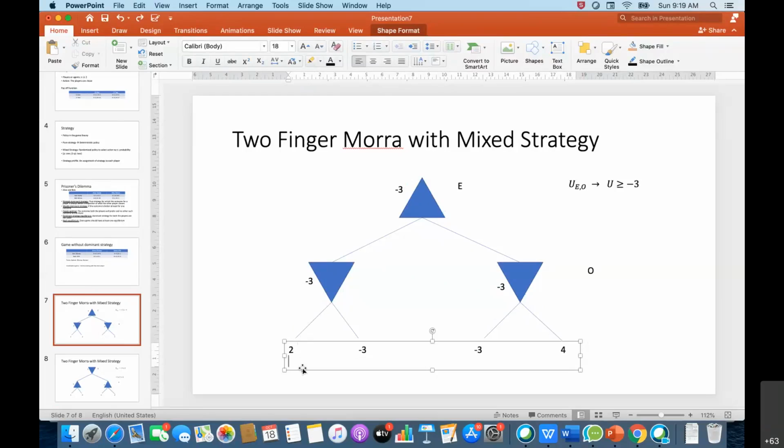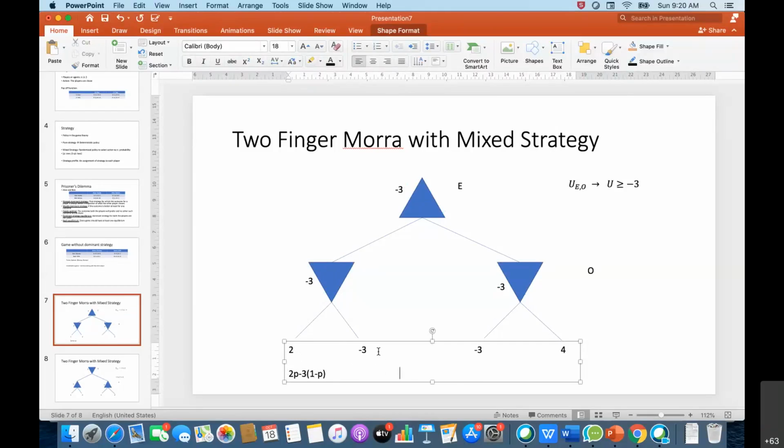Therefore, the mixed strategy will be in this form, that is 2 into P minus 3 into 1 minus P. For these inputs, upon the fact that E has already chosen 1, this is the possibility of 2 and 3 to occur.